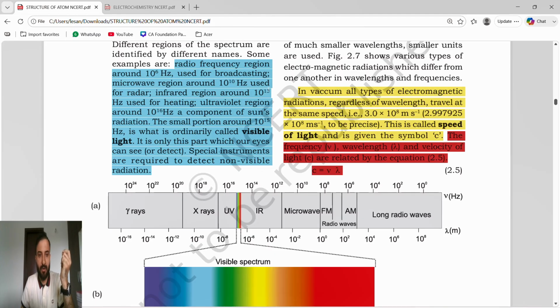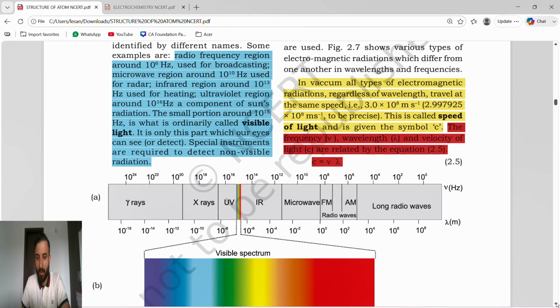The infrared region has a different frequency, used for heating. The ultraviolet region has a different frequency, a component of the sun's radiation, because UV comes from the sun. Then a small portion around a different frequency is what is ordinarily visible, so it's called visible light.